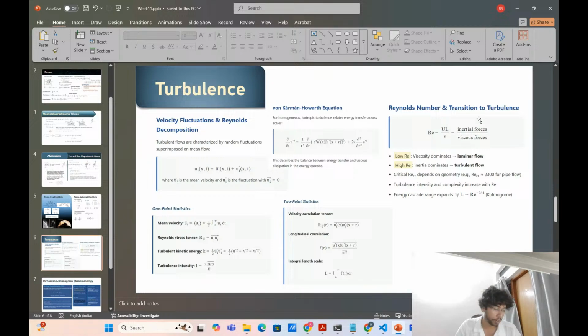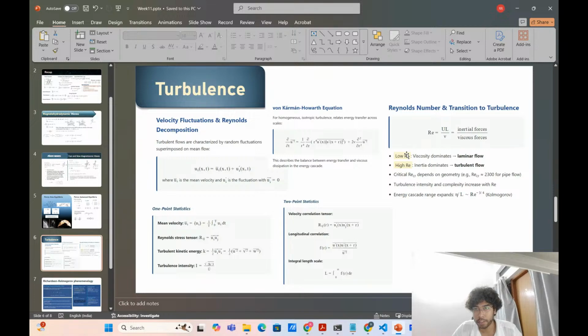Another way to understand turbulent flow is through the Reynolds number. As we have earlier studied, the Reynolds number is the ratio of the advective term v dot del v to the viscous term nu del square v, and this turns out to be of the order of ul by nu.